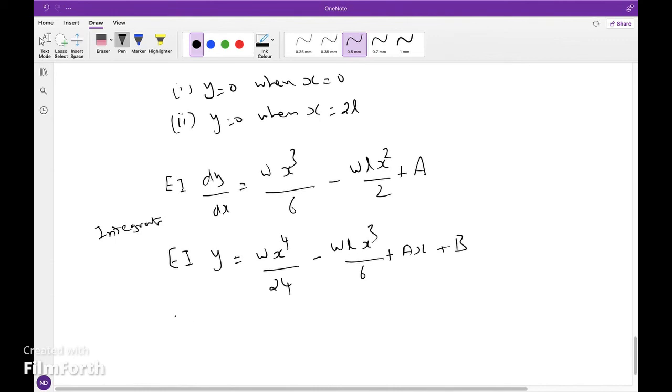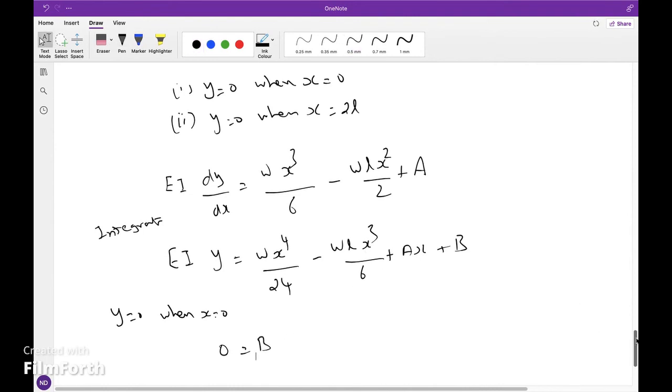So substitute the boundary condition y is equal to 0 when x equal to 0. So that means this one equal to 0, x equal to 0, A into 0 is 0, so B equal to 0.